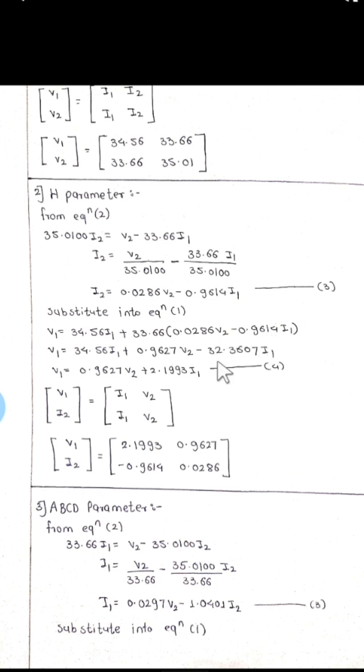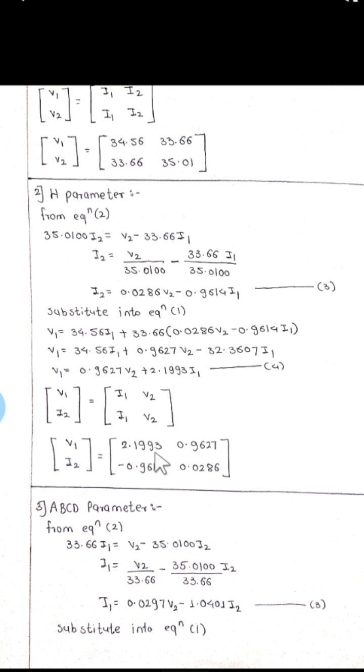By simplifying this, we get the V1 equation, that is V1 is equal to 0.9627 V2 plus 2.1993 I1. We consider this the fourth equation, and we know the H parameter matrix, that is V1 I2 is equal to, in the first row I1 V2 and in the second row I1 V2.